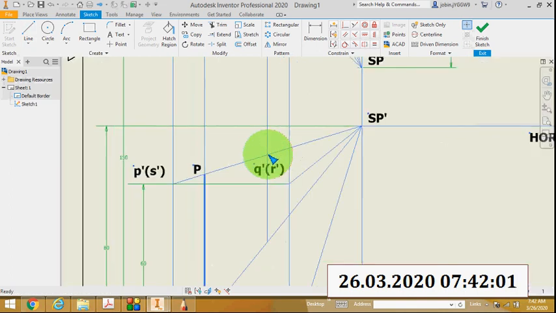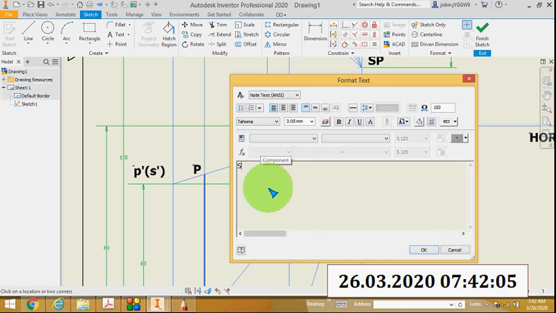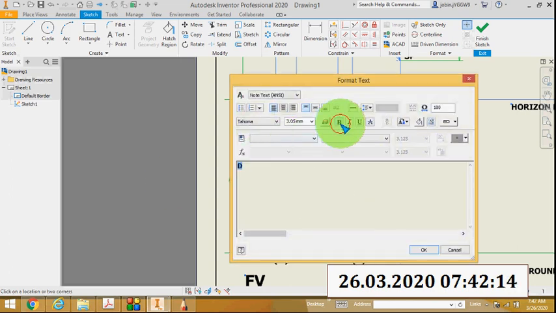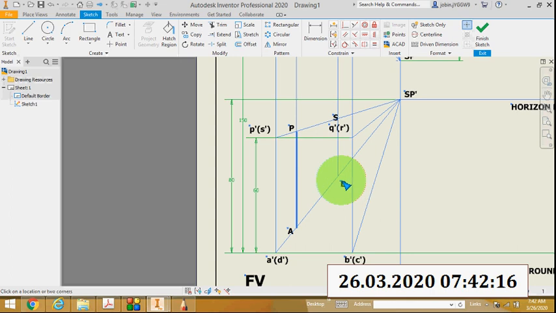Okay, so this point is S, capital S, and this point is D. You will get SD.